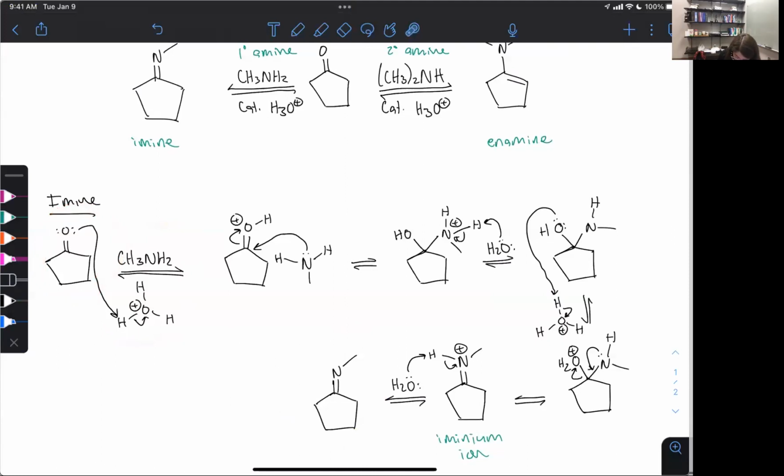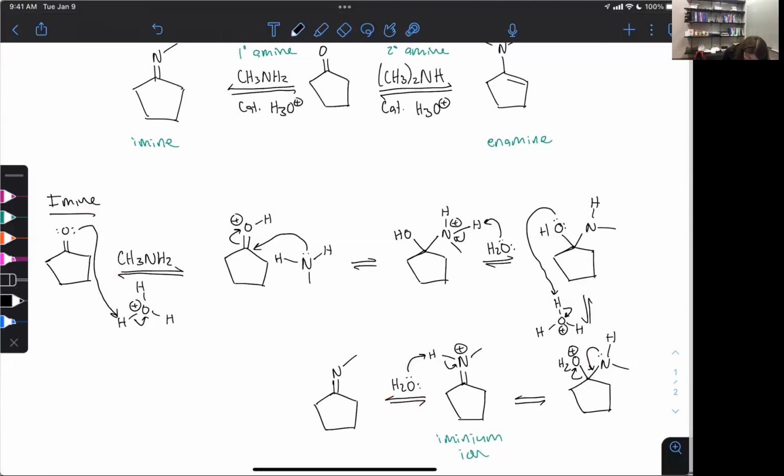So because we are forming water in this reaction, if we have a way to remove water from the reaction, then I can start pulling on the equilibrium using Le Chatelier's principle. If I start taking away that water, the reaction is going to work harder to produce more of it to maintain equilibrium.